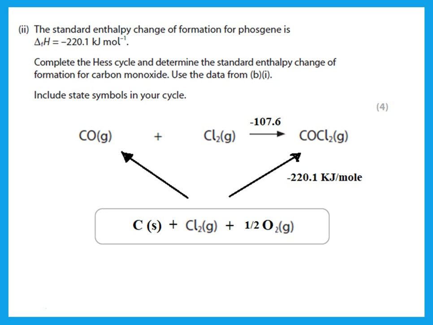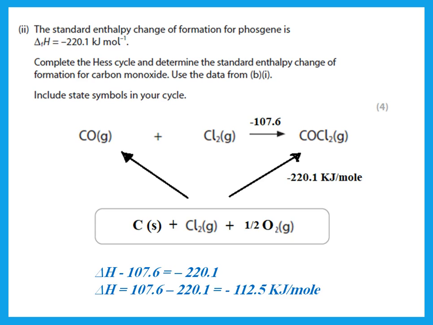So what we're trying to get is the other arrow on the left, which is the delta H of formation of carbon monoxide. So going from carbon monoxide, minus 107.6, this is equal to the other arrow. We can calculate the delta H that we want, and that comes out to be this number.